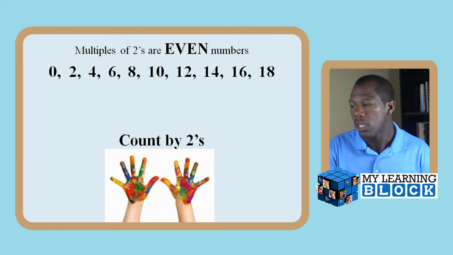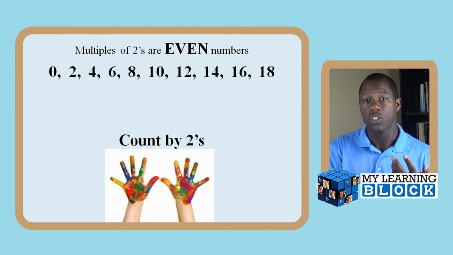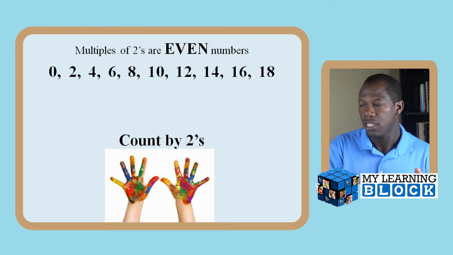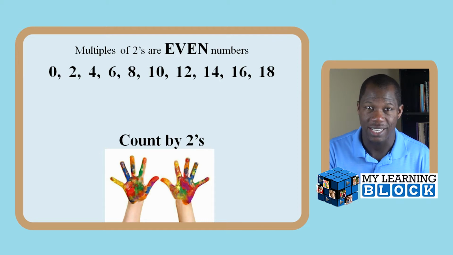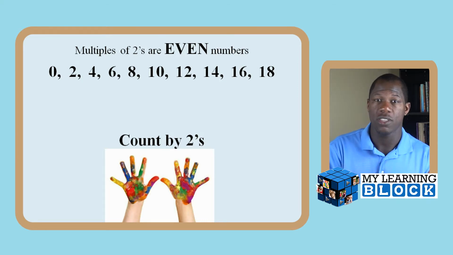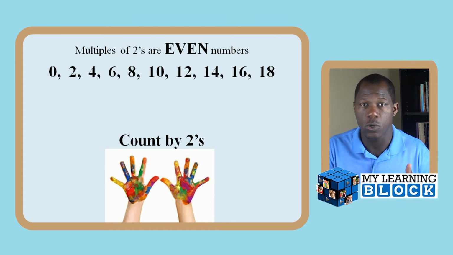So again, what your child needs to focus on are the multiples of 2 for the numbers between 0 and 9. You have 0, 2, 4, 6, 8, 10, 12, 14, 16, and 18. Those are most important here because if you multiply any number from 0 to 9 times 2, you'll get those numbers.